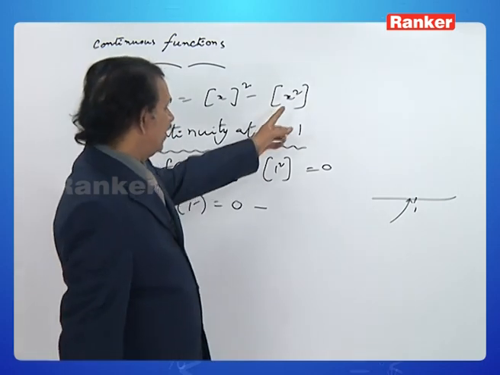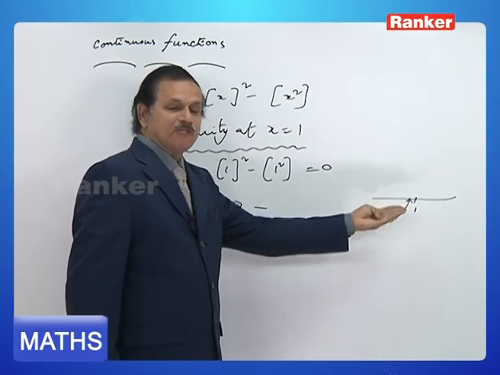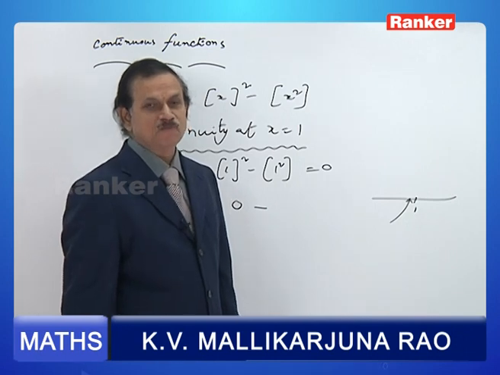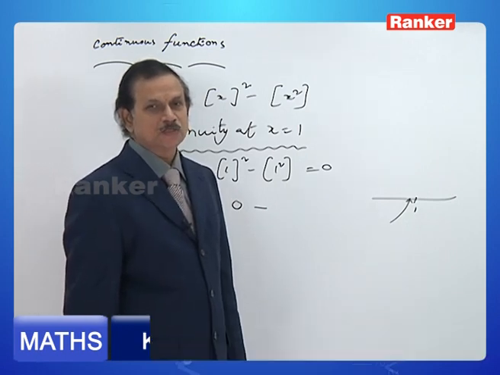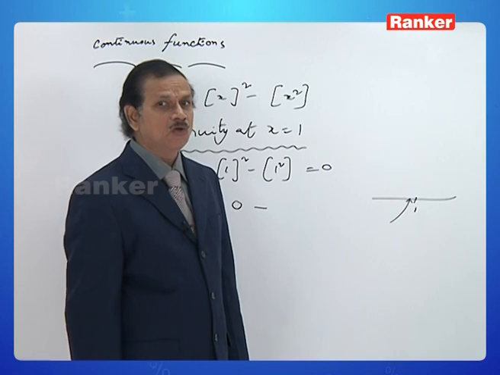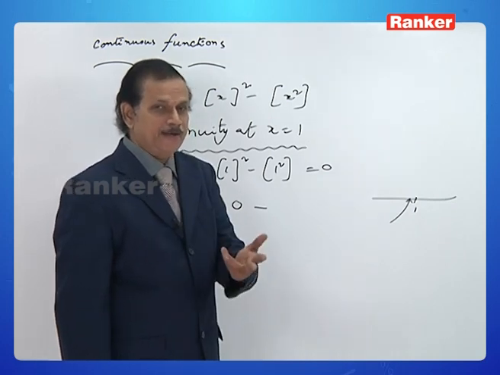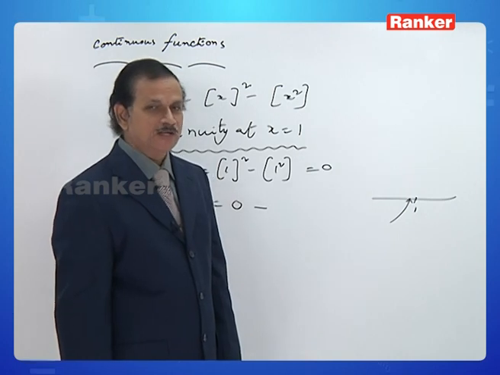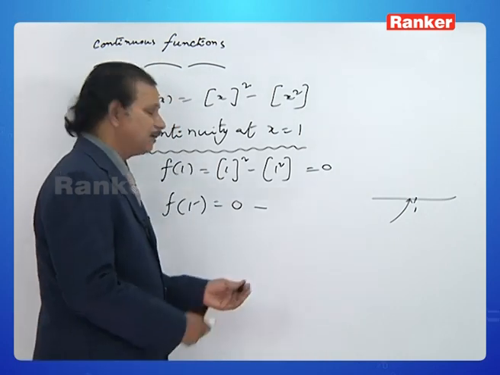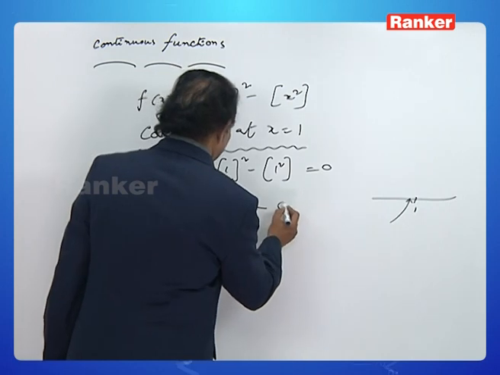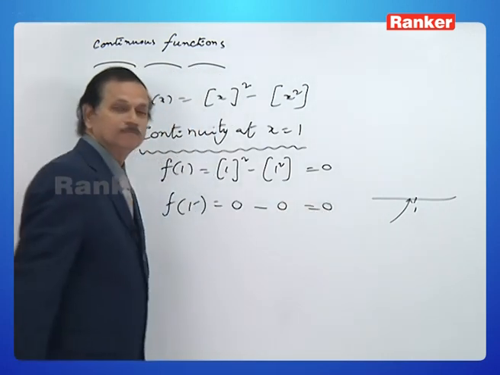Well, what is x to the left of 1? It is in the shape of 1 minus h. 1 minus h whole square is also less than 1. It also takes the shape 0.999 and so on. Therefore, its integral part is also 0. 0 minus 0 is 0.